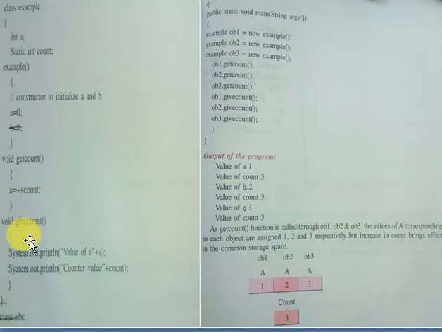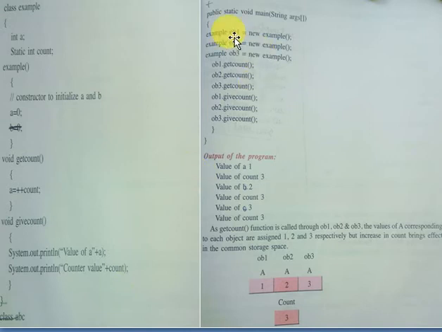Same way, void giveCount will display the value of a as well as count. So we have the constructor to initialize a, getCount to increase the count by 1 and store it into a, and giveCount to display the value of a as well as count.